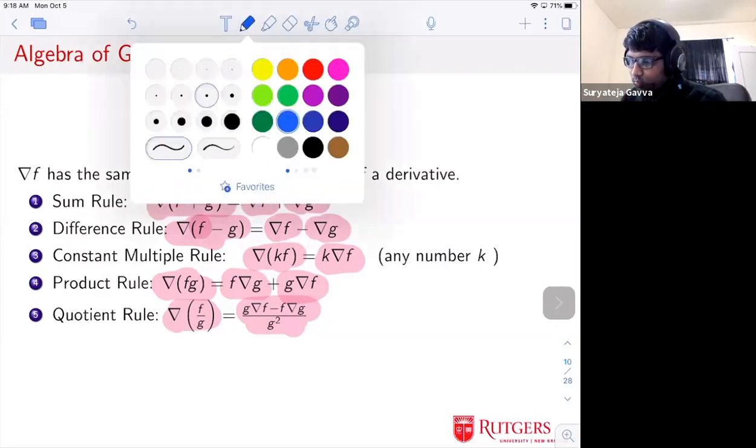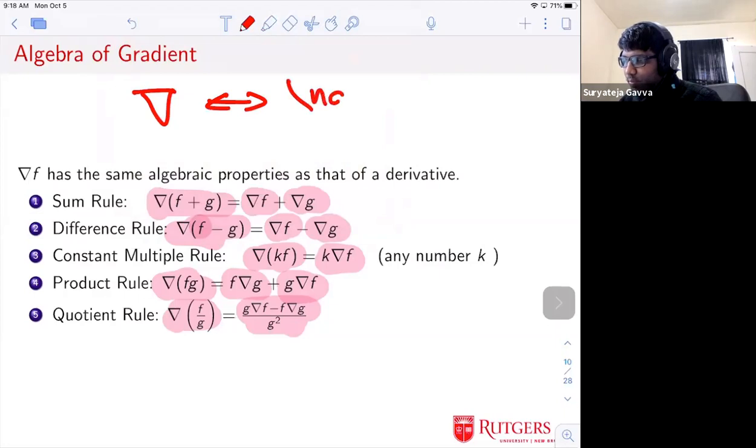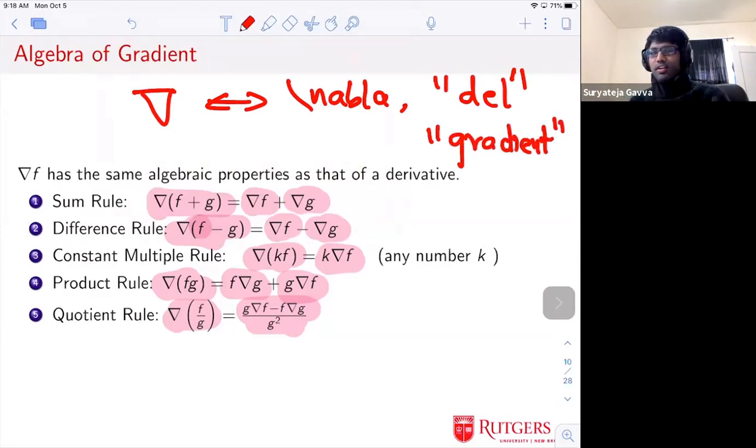Oh, I forgot to tell you. The symbol is called nabla. People call it del, or the gradient. These are different ways to call the symbol. So it's del f or nabla f or gradient f.